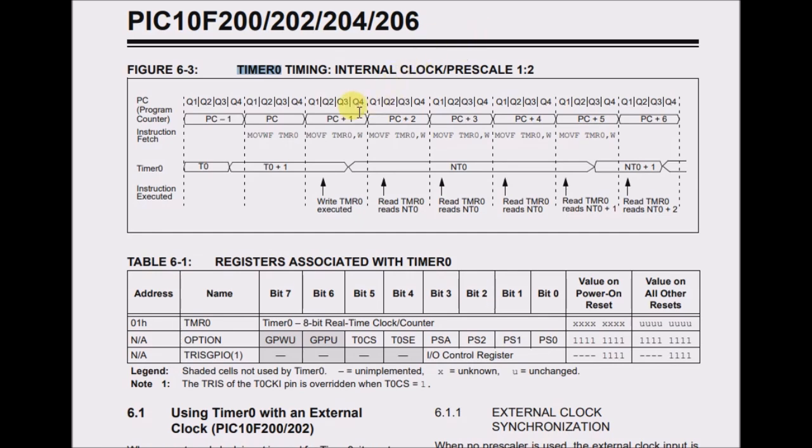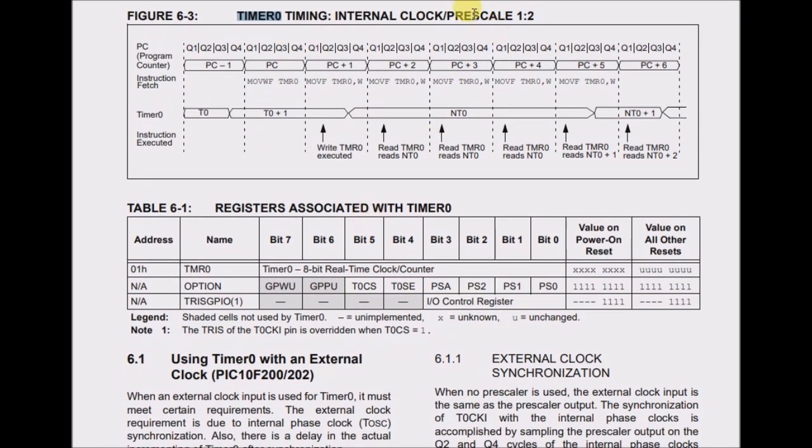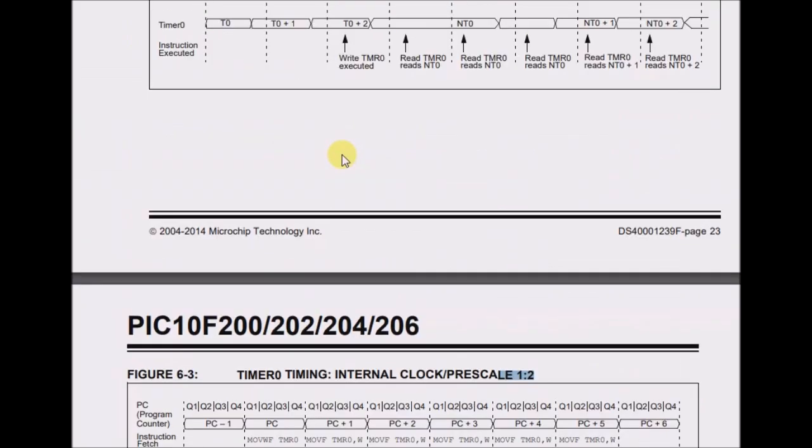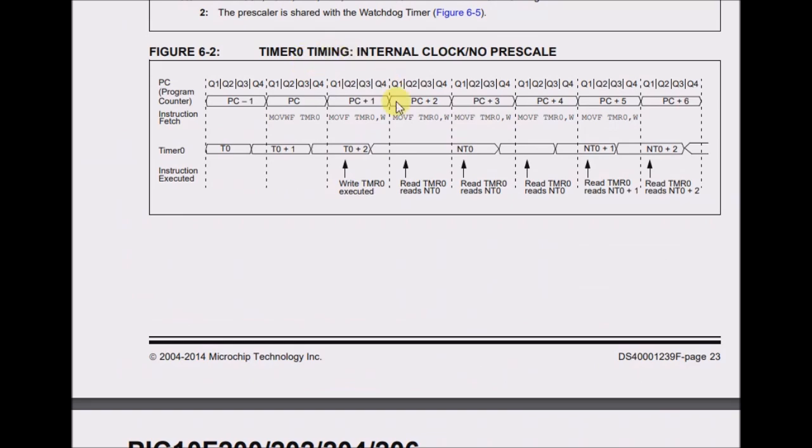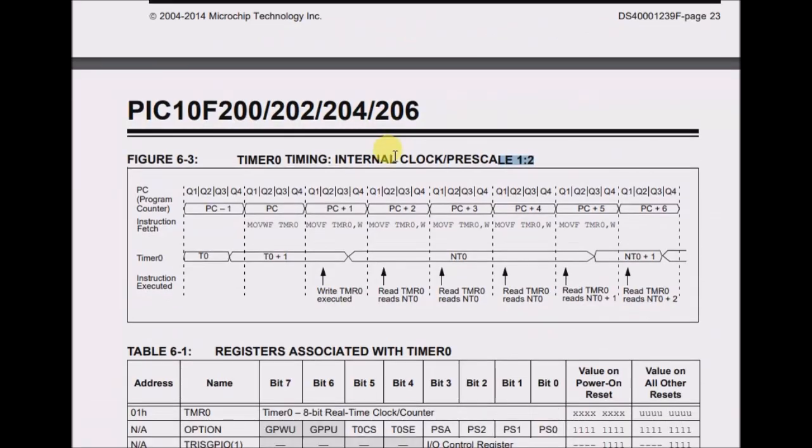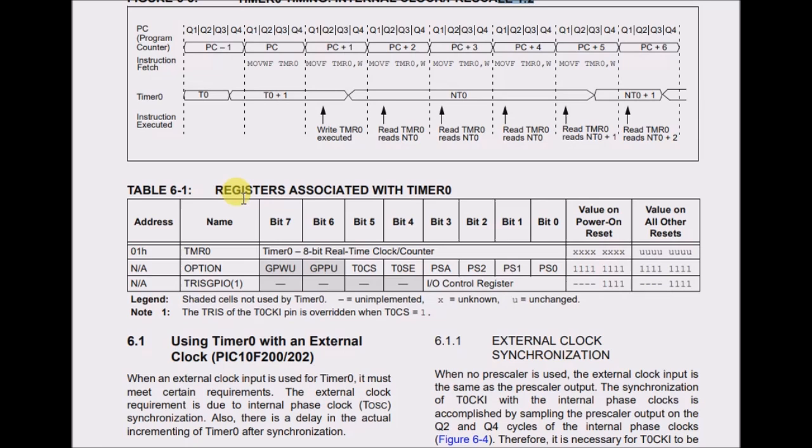So I think I left off here, page 24. So continuing on. I'm not going to try to cover that again, but the prescale was different. Registers associated with timers: Timer 0, TMR0, OPTION, TRIS GPIO.